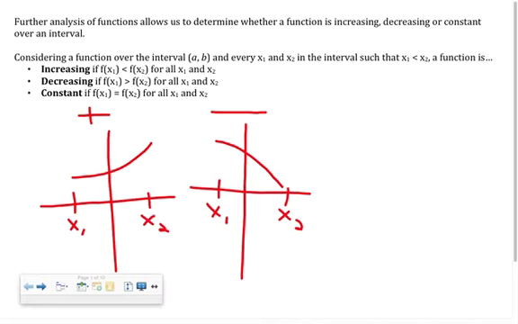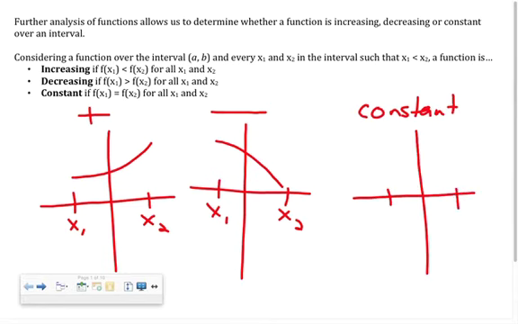And if a function is constant, then it's staying the same. So from x1 to x2, my y value is staying constant. So that's what we're looking at in determining whether a function is increasing, decreasing, or constant.